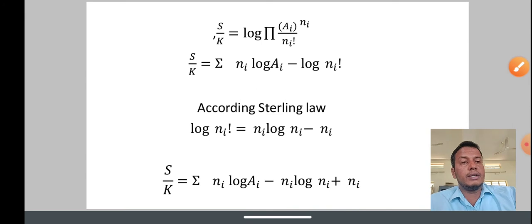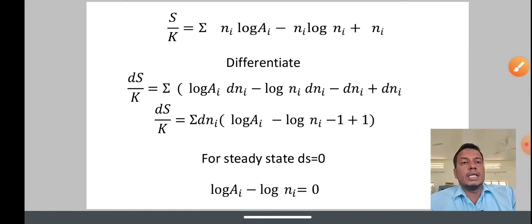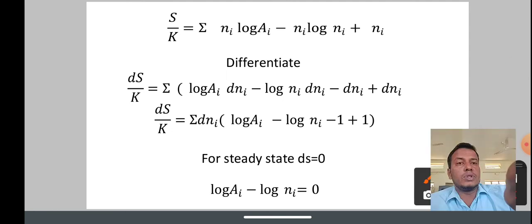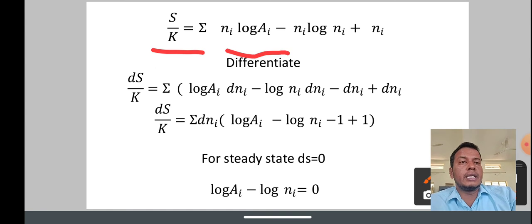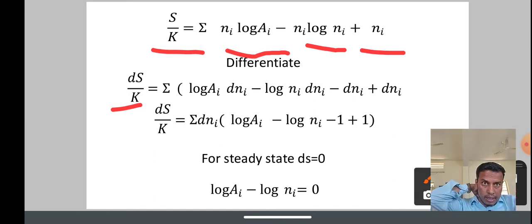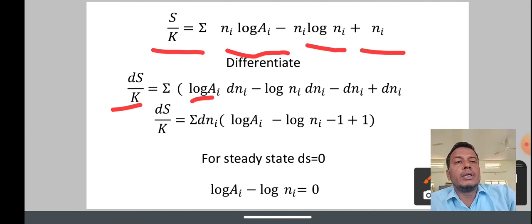As we move further, let me differentiate. S by k is equal to sigma N_i log A_i minus N_i log N_i plus N_i. Let me differentiate, dS by k sigma. This is the product rule we apply here. Log A_i is constant, and the differentiation of N is 1, so dN_i.